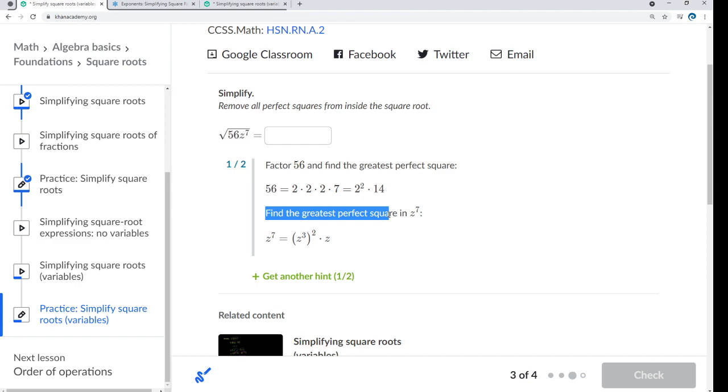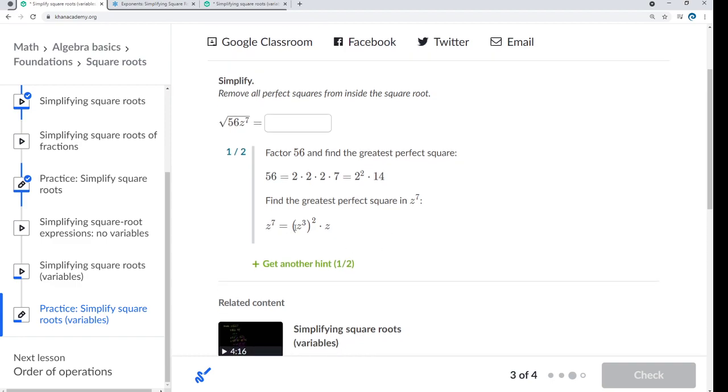Find the greatest perfect square in z to the 7th. This is where I'm really struggling. Z to the third power to the second power times z.